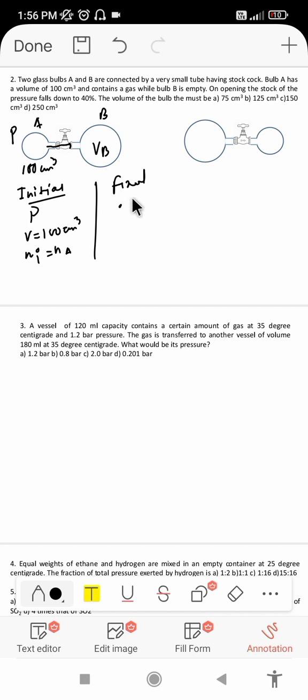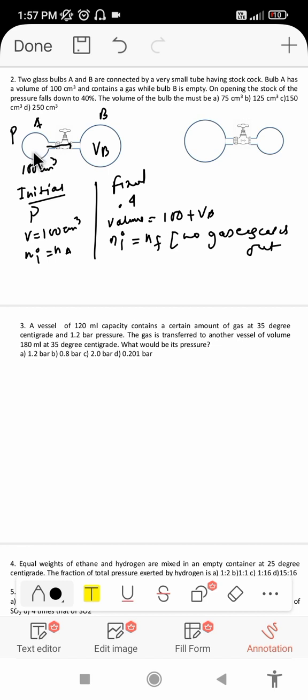0.4 P, the volume is 100 plus VB, and Ni equals NF, because no gas escapes out.